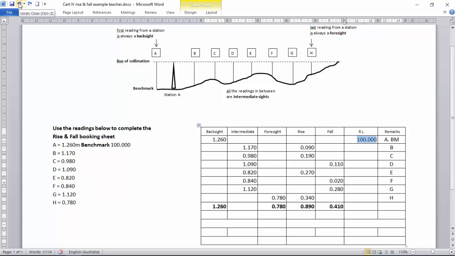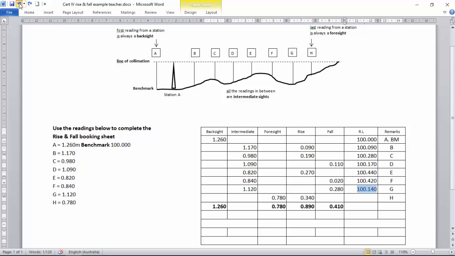So we had a rise of 90 mil, so we've increased our 100 to 100.090. Our next figure is 190. That's another rise, so we've increased it to 100.280. We then have a fall, so we can see that 110 has been taken away from our 280, and it's given us 170, and we just continue on down there with our rises and our falls.